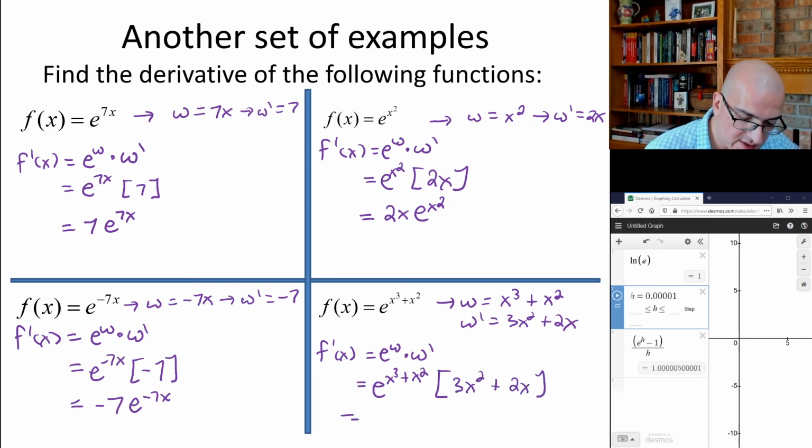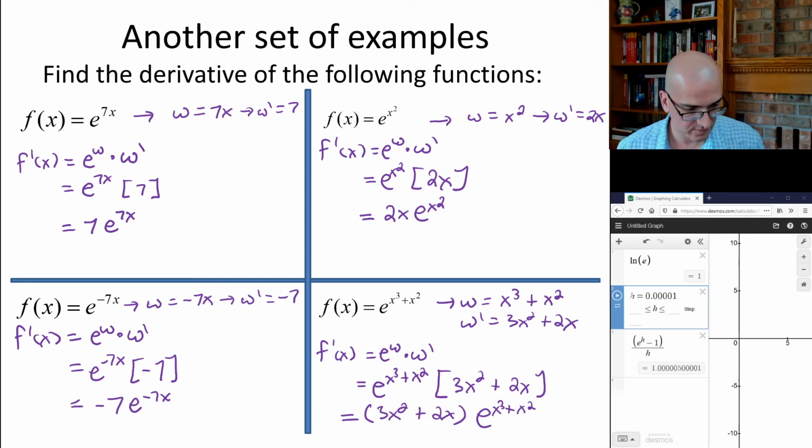And then I'll write it in standard form. I'll put the polynomial in front of the exponential. 3x squared plus 2x times e to the x cubed plus x squared. And those would all be the most simplified forms. There's no combining that you can do. And that's a good spot to take a pause, and we'll continue in the next video.